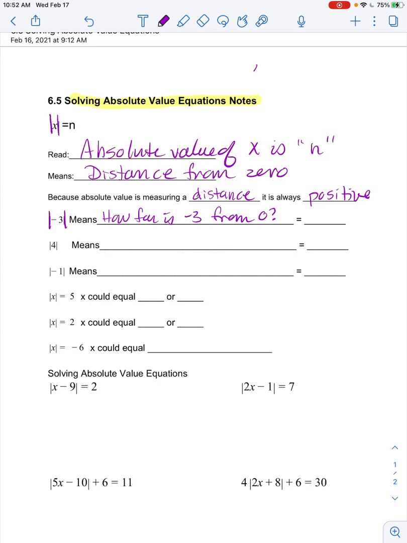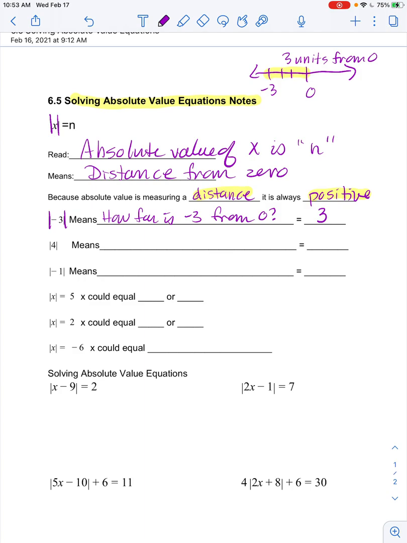With -3, if this is 0, -3 is over here, but in terms of the actual distance, it is 3 units from 0. And so my absolute value is 3. My answer will always be a positive number because I'm always measuring the distance.